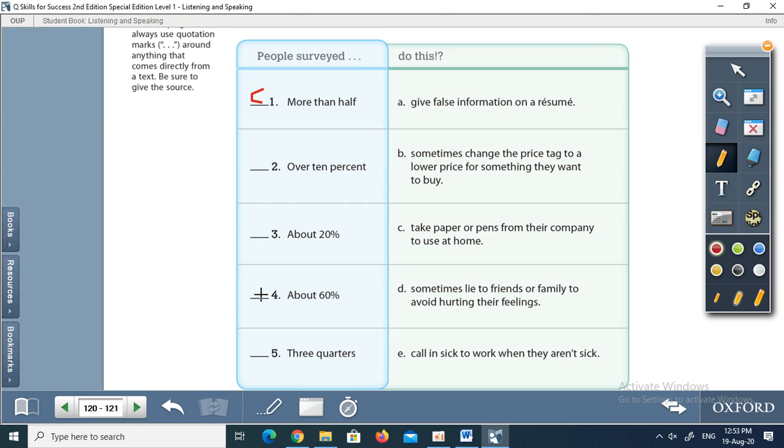Number 4, about 60% call in sick to work when they aren't sick. And number 5, 3/4 sometimes lie to friends or family to avoid hurting their feelings.